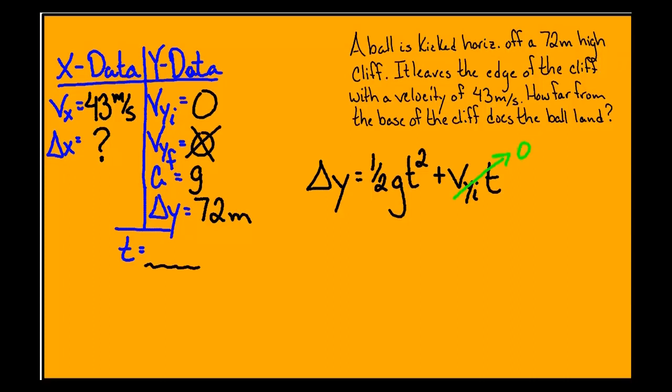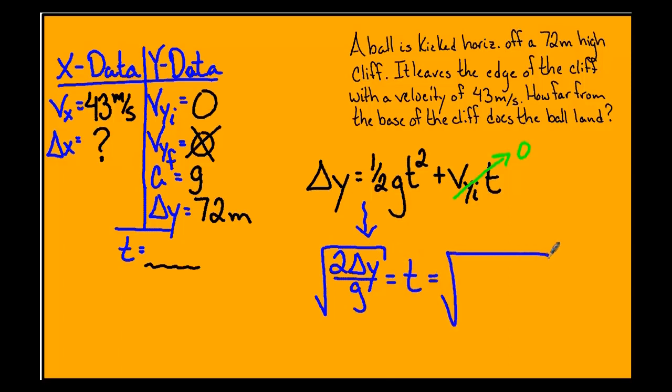Congratulations, Vy initial goes to 0. Again, characteristic of a Class 1 problem. We're really just solving for the amount of time that it takes a ball to fall that distance. A little quick algebra here, and we can solve for time.